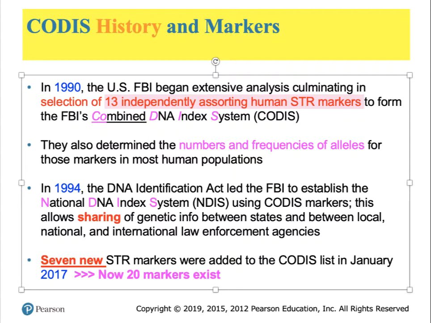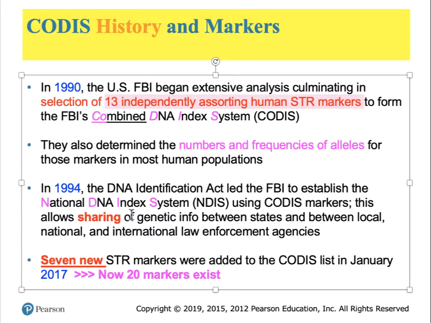As an extension of this work, Congress in 1994 passed legislation called the DNA Identification Act, which set in place the rules to which the FBI adhered and came up with a national DNA indexing system, NDIS, using CODIS markers.